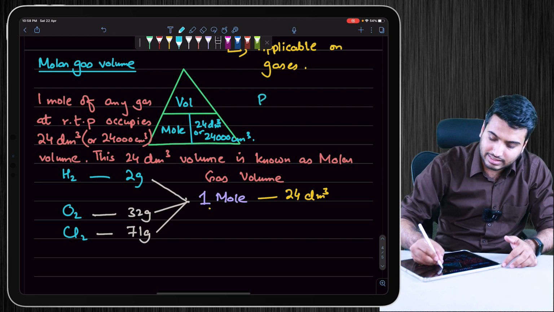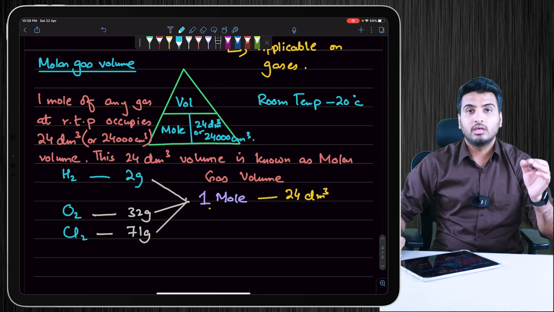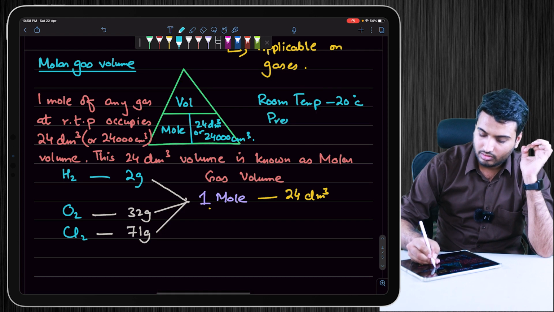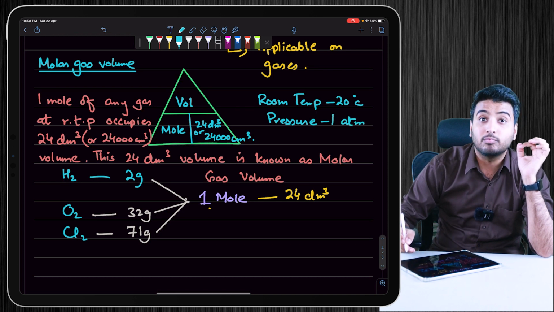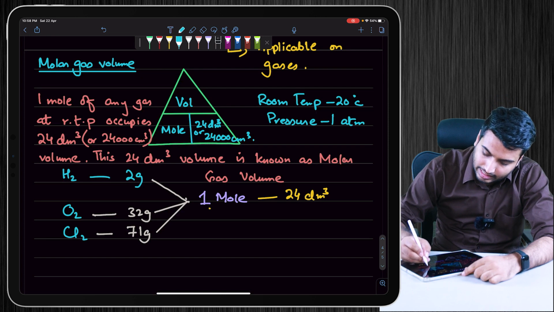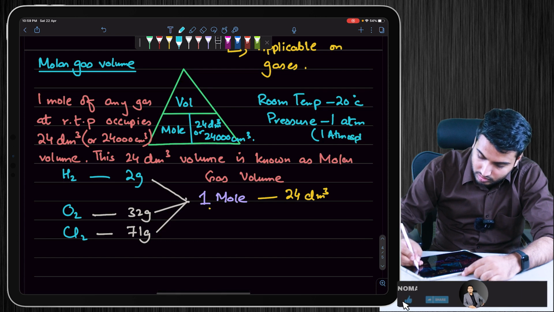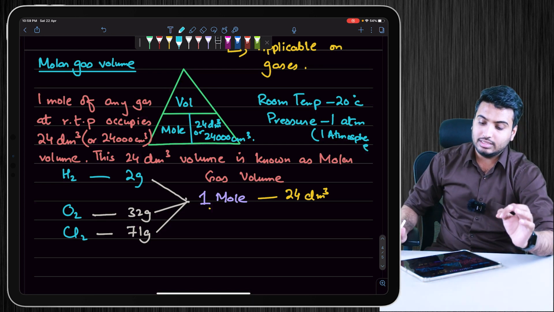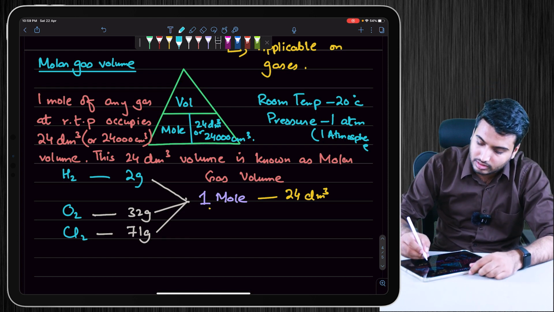The standardized room temperature is 20 degrees Celsius, and the standardized pressure is 1 atm, which represents 1 atmosphere. 1 atm is approximately equal to 100,000 pascals.